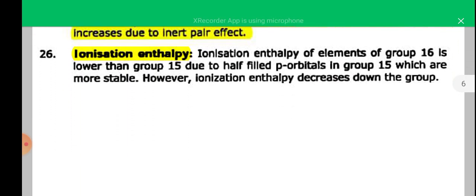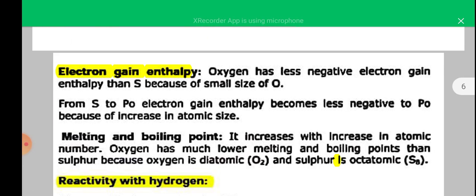Ionization enthalpy of group 16 elements is lower than group 15 elements due to the more stable half-filled p orbital in group 15 elements. Ionization energy decreases down the group.